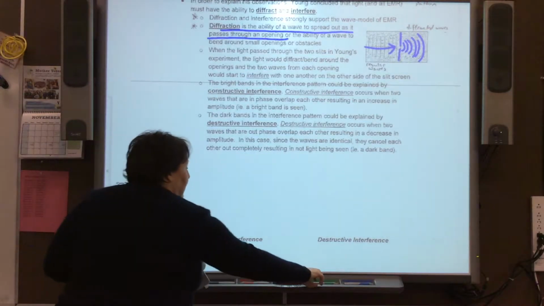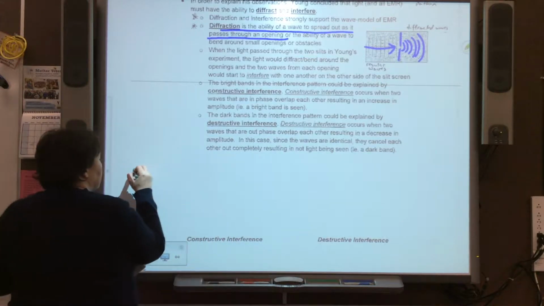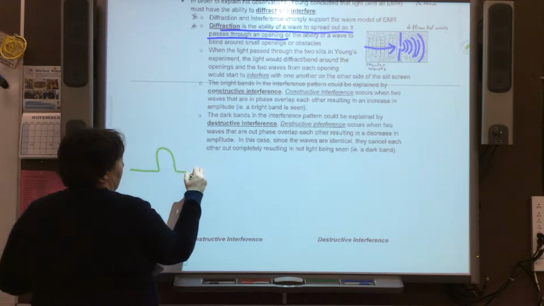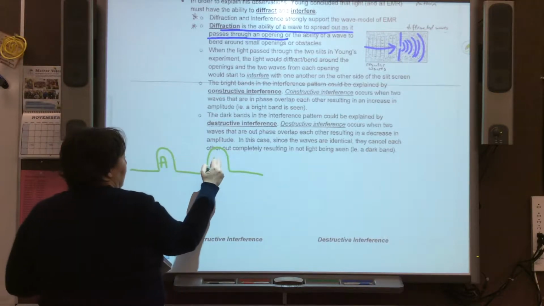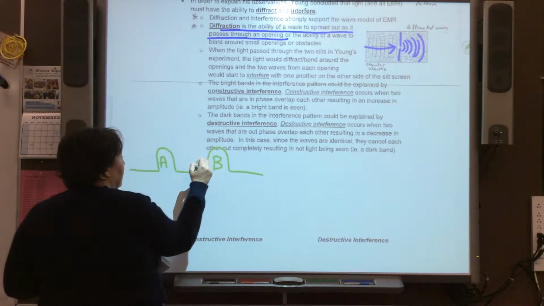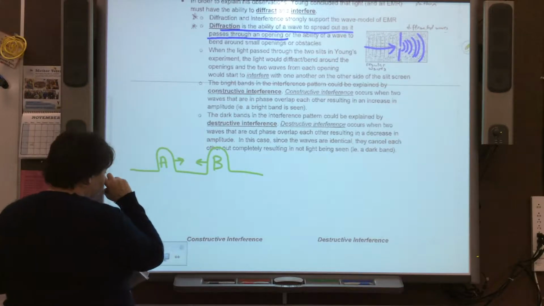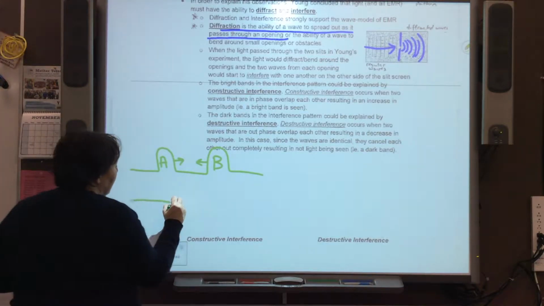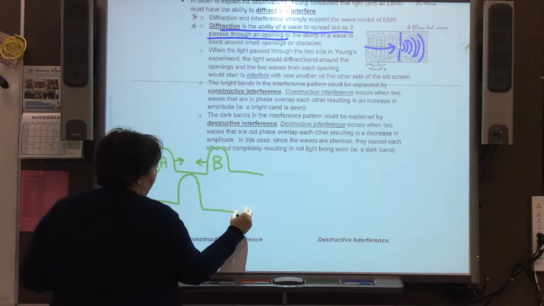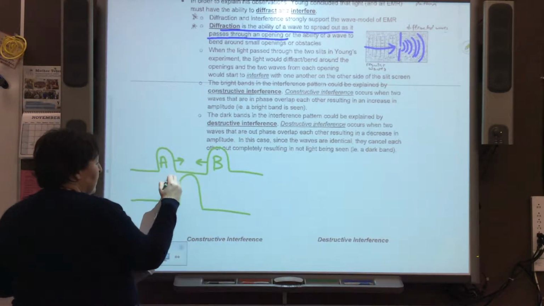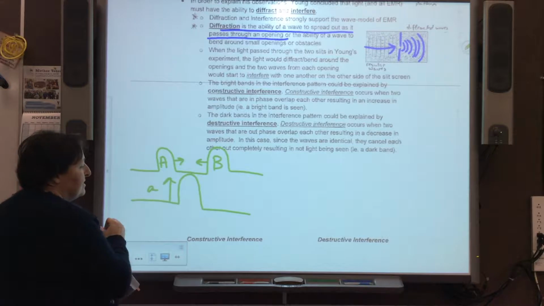So here's a wave that's in phase. This is wave A and this is wave B. They're traveling towards each other. And what happens is when they meet up, the amplitude or the height increases.